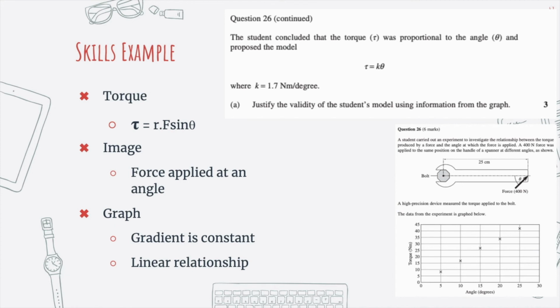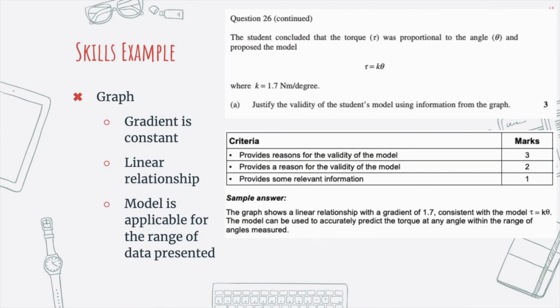We can see that it is increasing in a linear fashion, and this linear fashion produces a constant gradient. So we can say that yes, this model that the student has put forth, that torque is equal to the constant value multiplied by theta, is demonstrating a gradient that is constant. This is also demonstrating that linear relationship where torque on theta will give us a constant value.